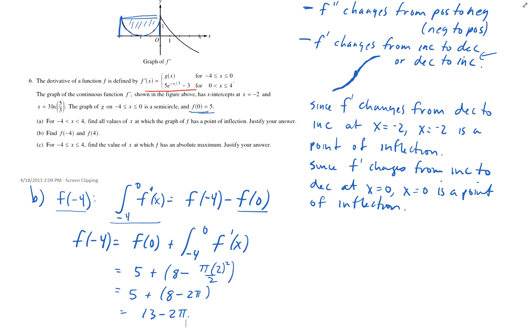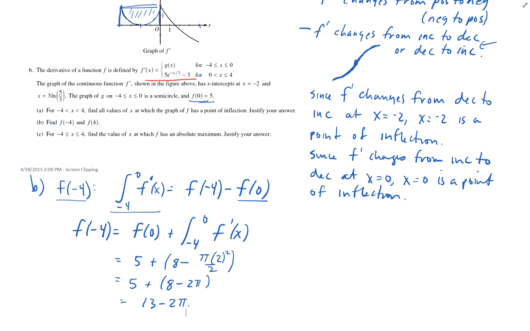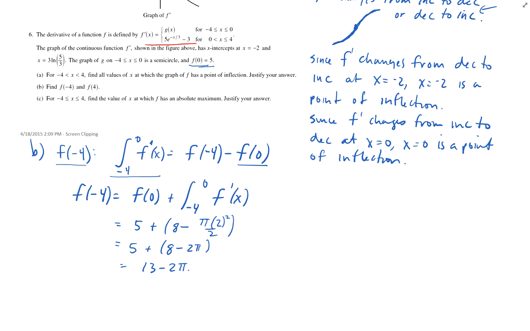And I will go ahead and continue on up and look at f of 4. F of 4 is going to be something similar. F of 4 then is going to be the integral from 0 to 4 of f prime of x, which is f of 4 minus f of 0.